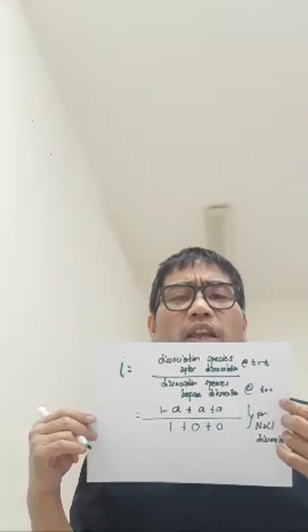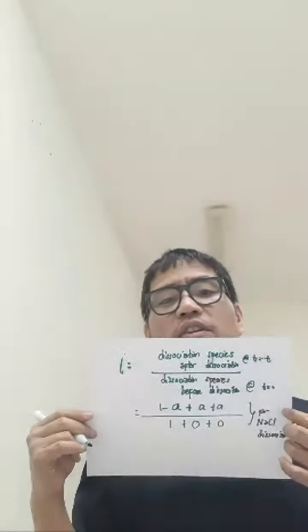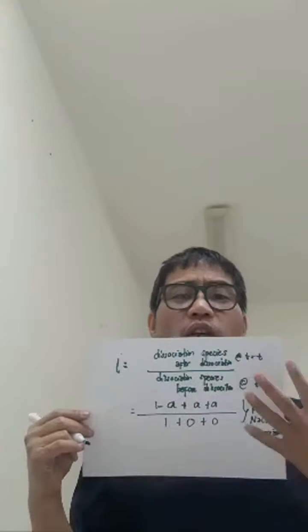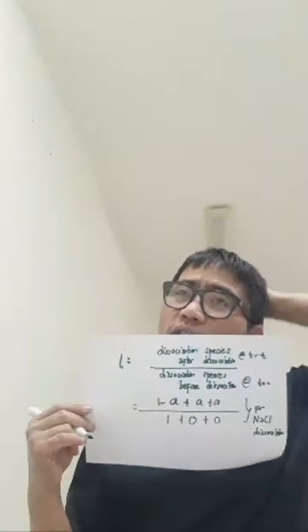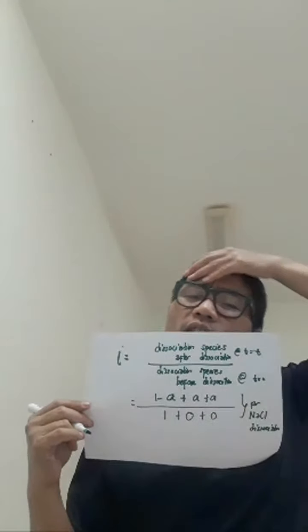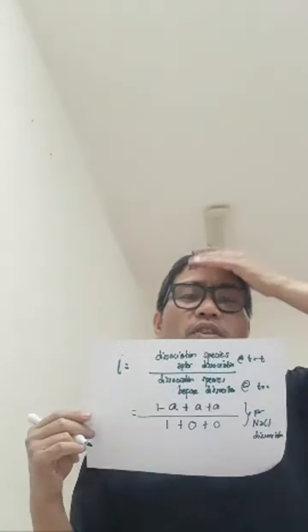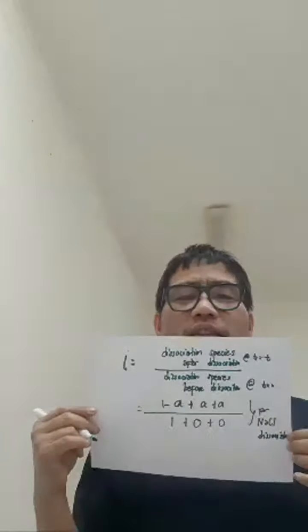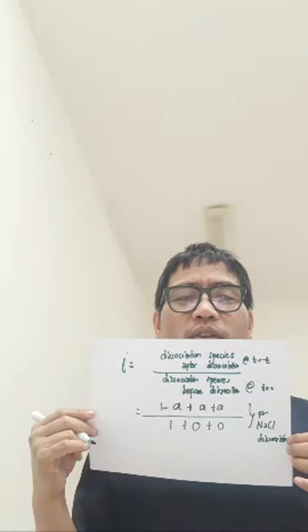The numerator is the dissociation species, or particles, during or after dissociation at time equal to t. We add these and divide the numerator by the denominator, so we cancel out the alpha terms: 1 plus alpha over 1.